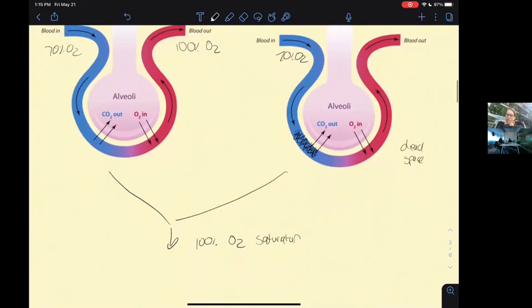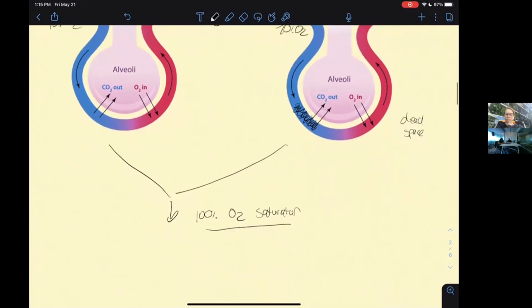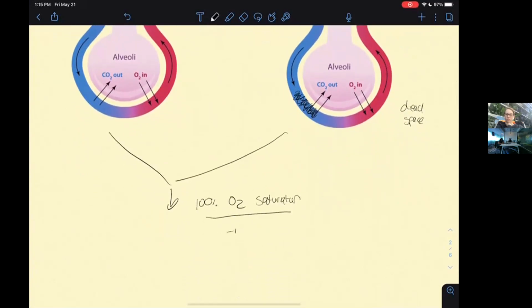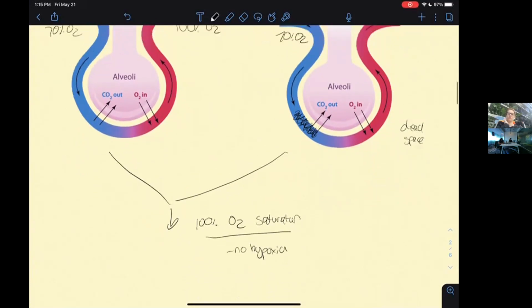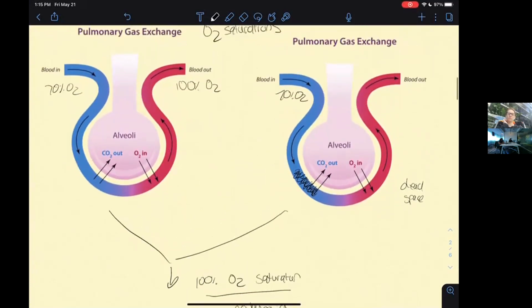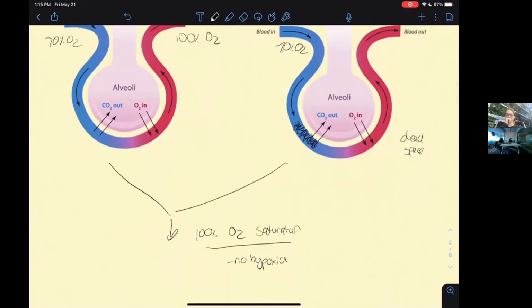In dead space, you usually have 100% oxygen saturation, which means there's no hypoxia, because you're still ventilating and able to exchange gas in one alveolus. So dead space itself doesn't actually lead to hypoxemia.